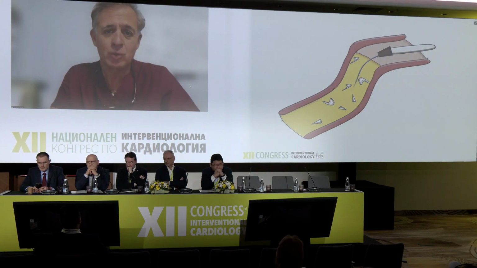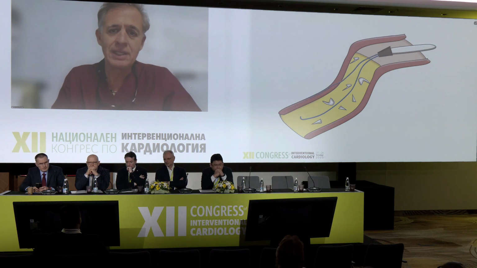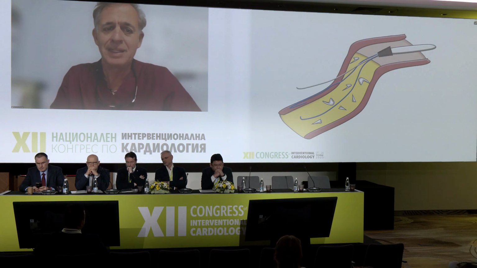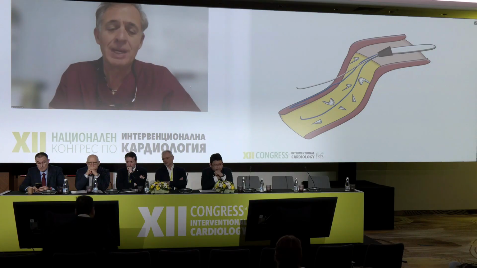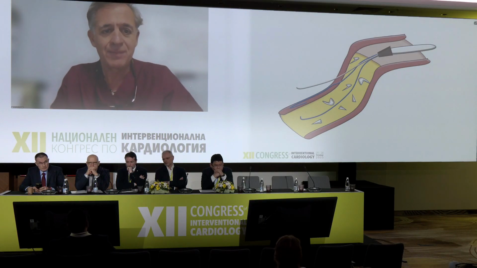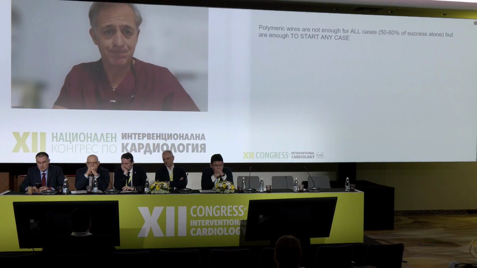You can see in this cartoon, we have an ideal tracking in the CTO body, or we can go subintimal, but with an intermediate polymer jacket wire like Gladius, we will never exit outside of the vessel. So we cannot have a perforation in the main vessel.